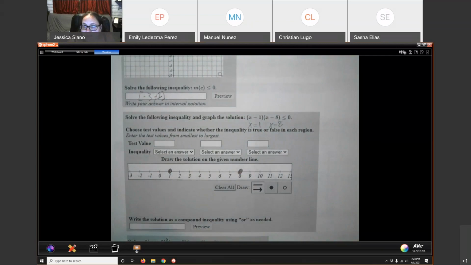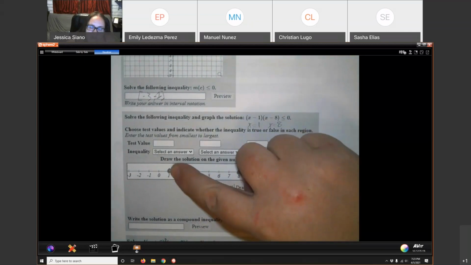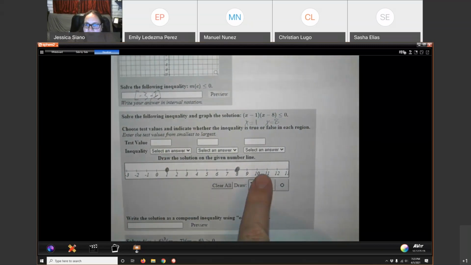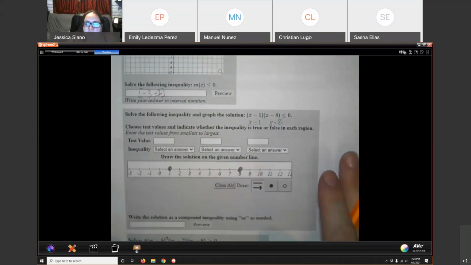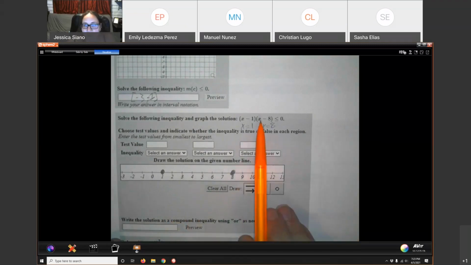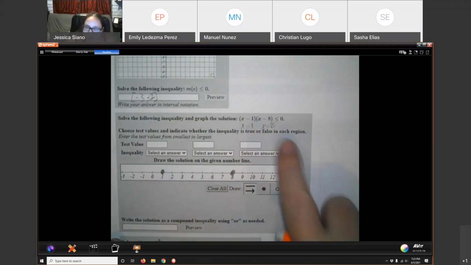Now, putting these dots in, I've essentially cut my graph into 3 sections. The section less than 1, the section in between 1 and 8, and the section greater than 8. And what I'm going to do is I'm going to take a test value in each one of those sections, and I'm going to plug it into my equation and see what my answer would be. Now here I'm looking for a number less than 0.